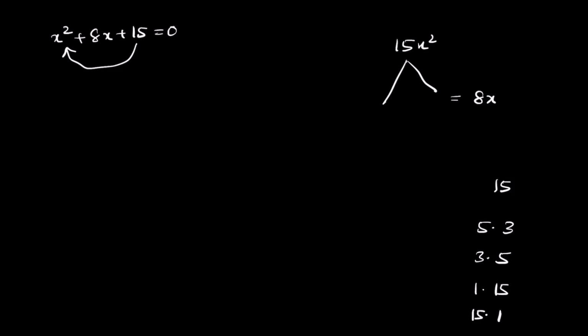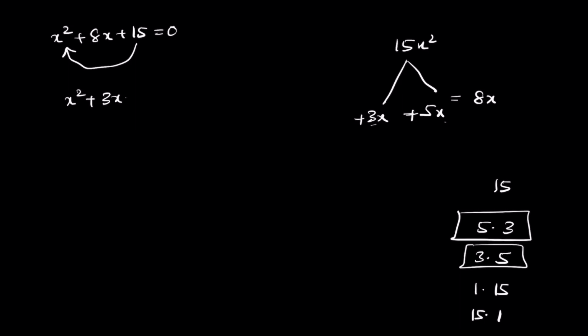The only one that gives you 8 as the sum is 3x and 5x. So 8x can be replaced as 3x plus 5x. Replace it here: x square plus 3x plus 5x plus 15.